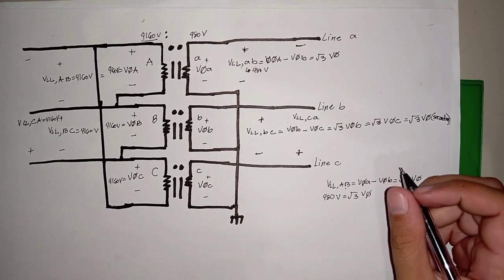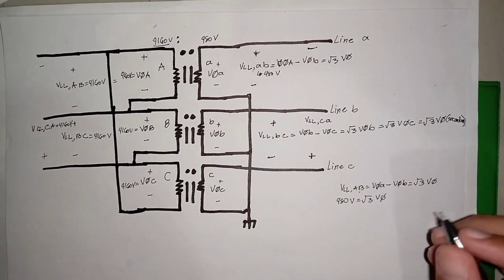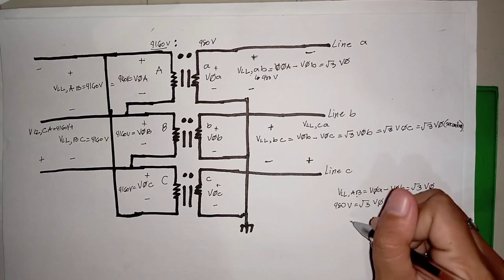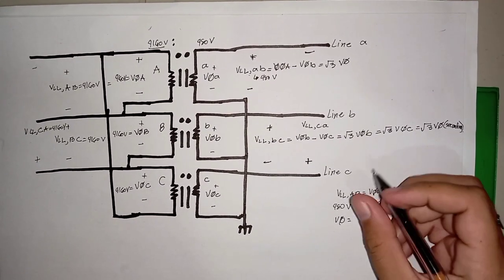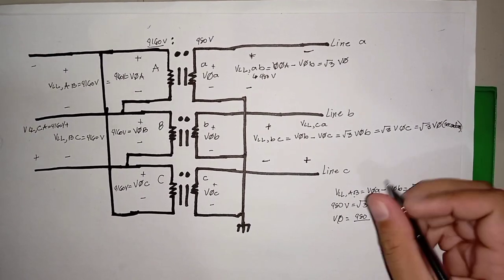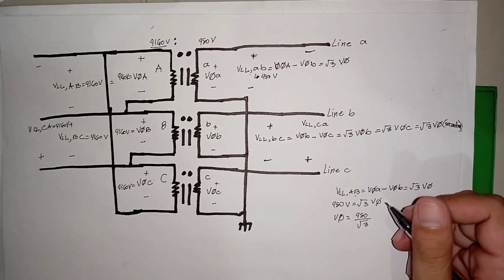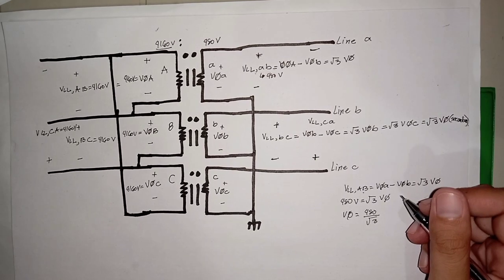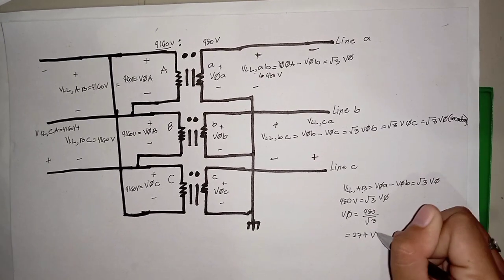So we simply solve for the phase voltage by dividing 480 volts by the square root of 3, which gives us approximately 277 volts.